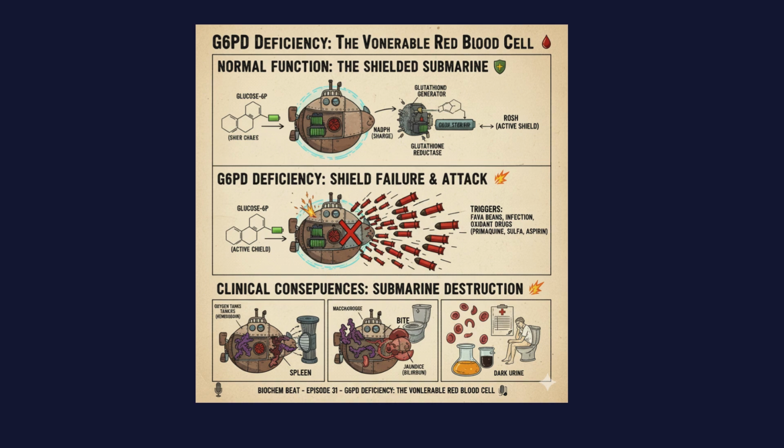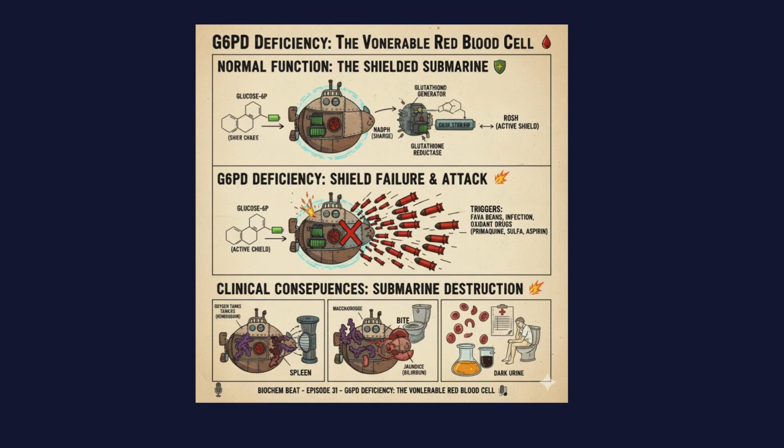NADPH then passes its reducing power to glutathione reductase, which regenerates glutathione from its oxidized form. So GSH, that is reduced glutathione, is the molecule that directly neutralizes harmful reactive oxygen species like H2O2.